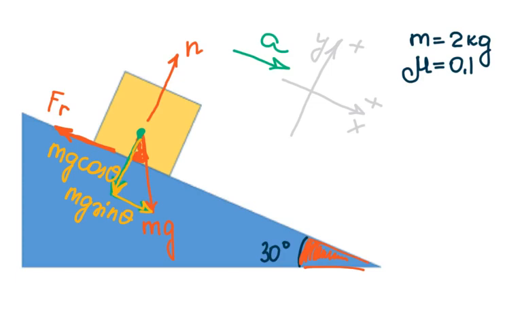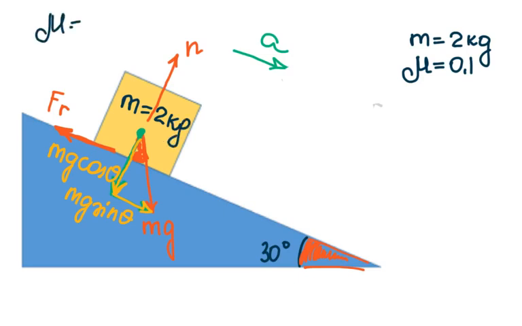Now I'm going to do my net forces. So we decided that the mass is 2 kilograms, I'm going to write right here 2 kilograms, and mu is 0.1. So now I'm going to write my forces on the y and x axes. Let's start with y.